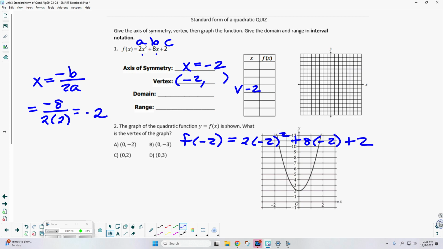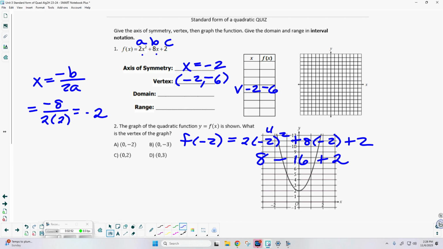So -2 squared is 4, times 2 is 8, minus 16, and then plus 2. So what am I looking at? -6. There we go. So there's my vertex.